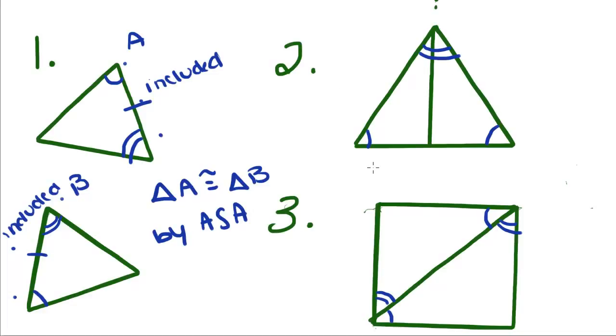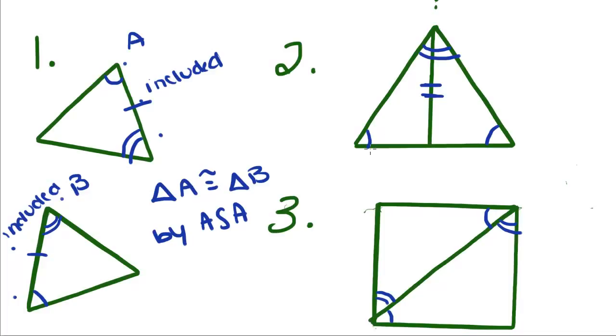Now we have this one. We know these two angles are congruent, and this angle is congruent to this angle. Well, we don't know that any sides are congruent, but since these two triangles share this side right here, we can say that it's congruent to itself.